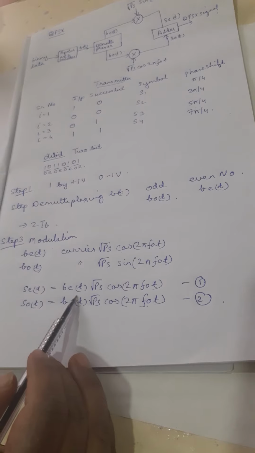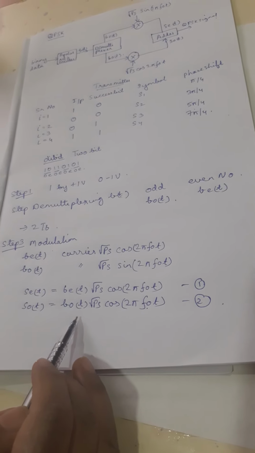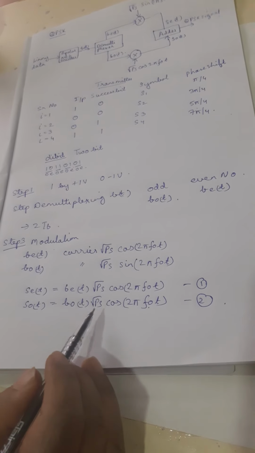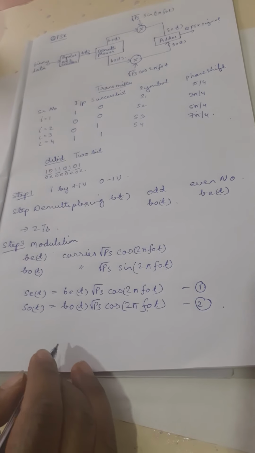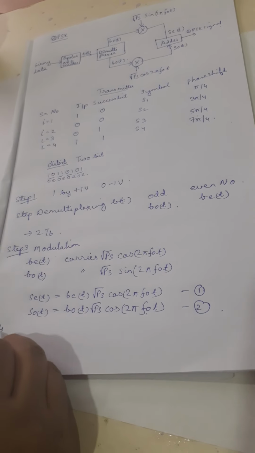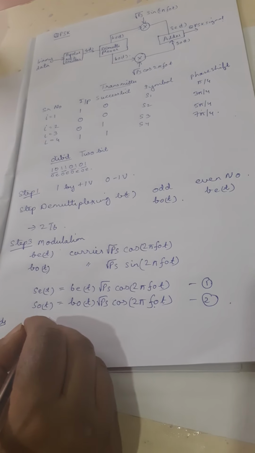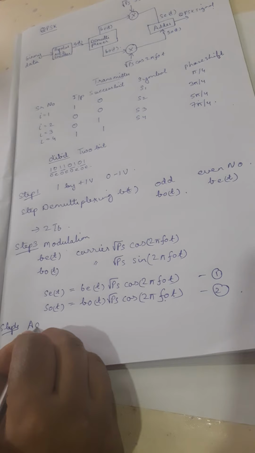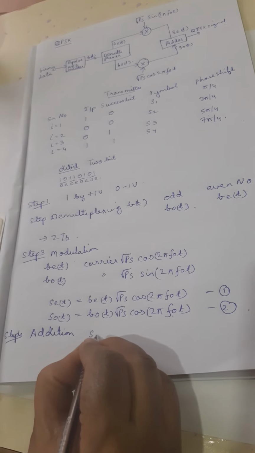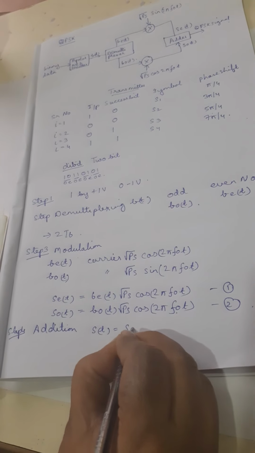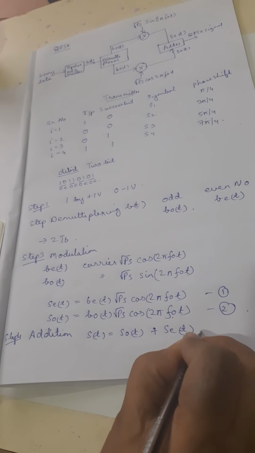They are basically signals of BPSK. So again we'll be having +1 and -1 volt. Now fourth step, step 4, addition of these two carriers. So we will add S of t is equal to S odd of t plus S even of t.